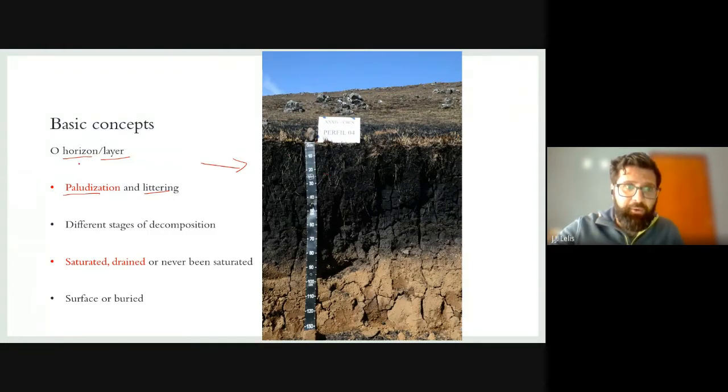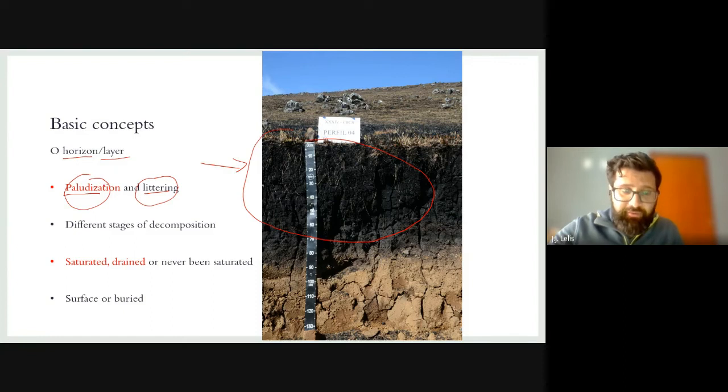So the O horizon or the O layer is defined by the richness of organic carbon. We need to have at least 20% of organic carbon in this layer or this horizon, in this piece of soil. And the O horizon is produced by paludization and littering.